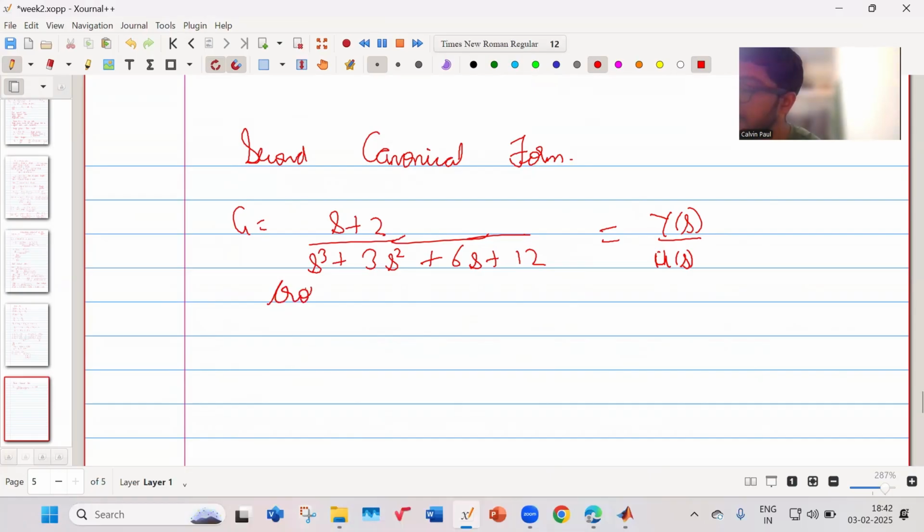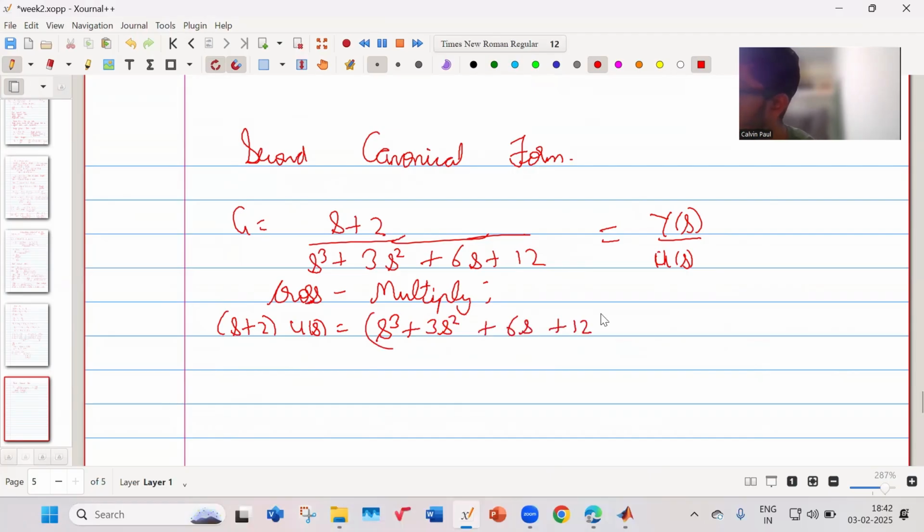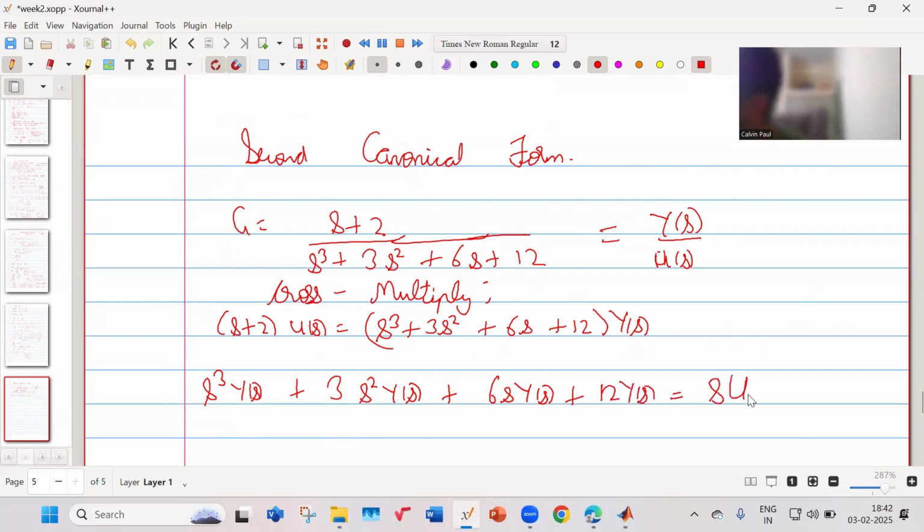So we will cross multiply. S plus 2 into u of s is equal to s cube plus 3s square plus 6s plus 12 into y of s. So s cube into y of s plus 3 into s square into y of s plus 6 into s into y of s plus 12 into y of s is equal to s into u of s plus 2 into u of s.